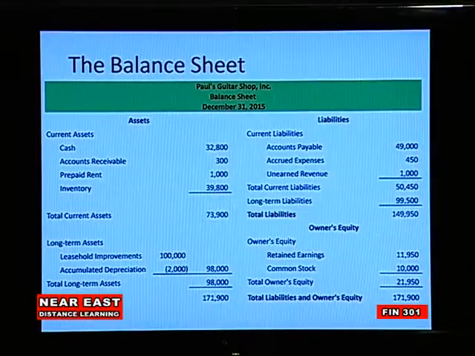We will start on the left side with current assets. Start with the cash, accounts receivable, prepaid rent, inventory. After that, we will calculate total current assets.